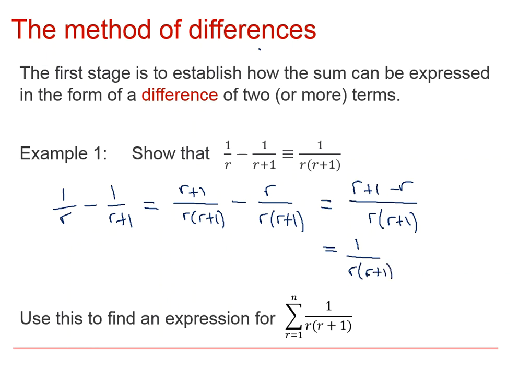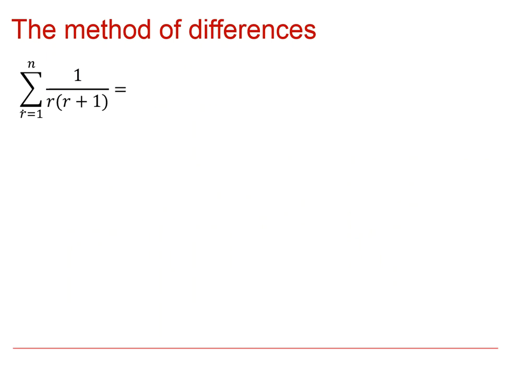So now that we know that we can rewrite this expression as differences, we can look at doing this sum using the method of differences. So we're asked to find the sum from r equals 1 to n of 1 over r times r plus 1.